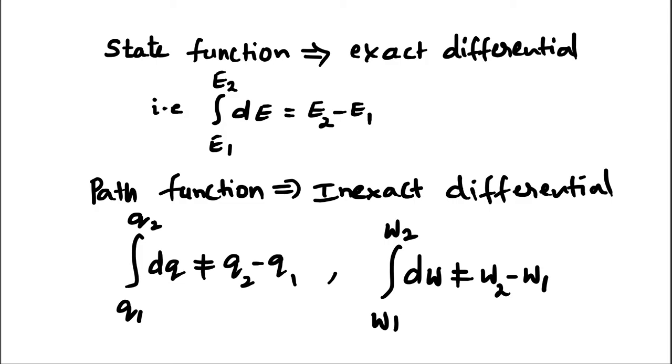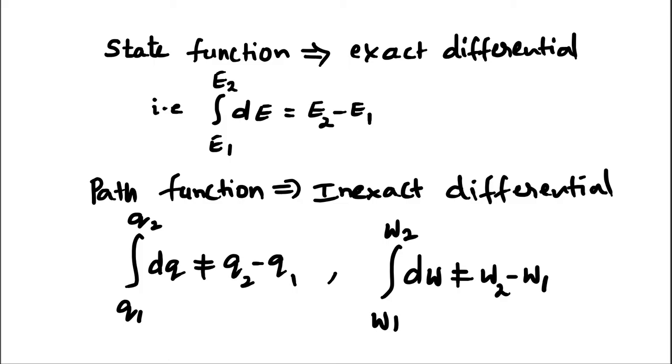What is a state function? We already know that it is a property or function that only depends on the present state of the system, but not on how it has reached that state. And what is a path function? It is a function or property that depends on how you have reached that state.